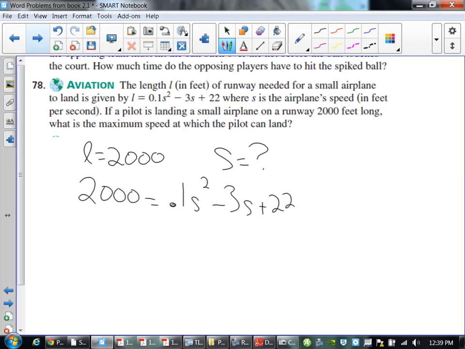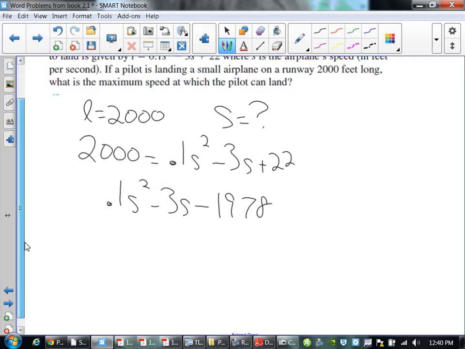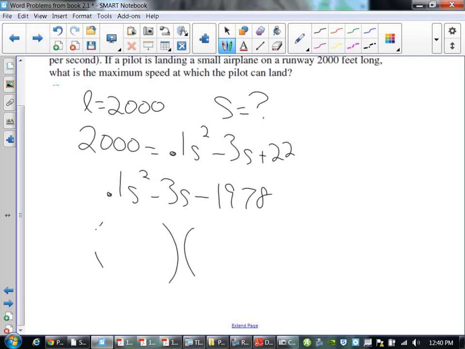Set it equal to 0, you get 0.1 S squared minus 3S minus 1978. You're going to get 2 possible values, one positive, one negative. For zeros, which one do you want: a positive speed or a negative speed? Positive. There's your answer.